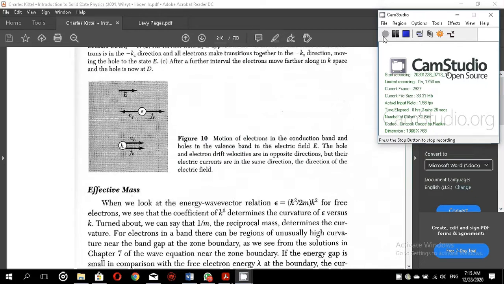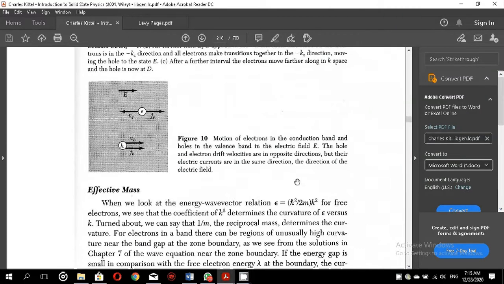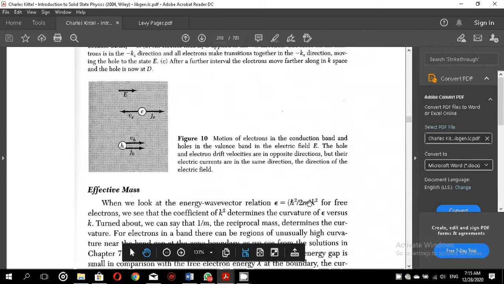So let me go through the description given over here from Kittel. When we look at the energy wave vector relationship, and this is the energy wave vector relationship for the free electron, we see that the coefficient of k square determines the curvature of epsilon versus k.